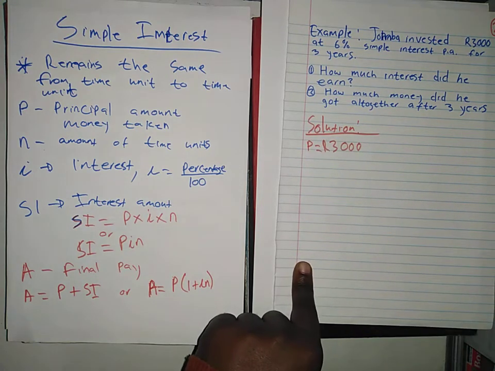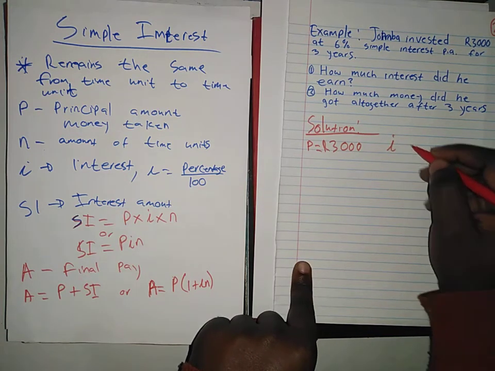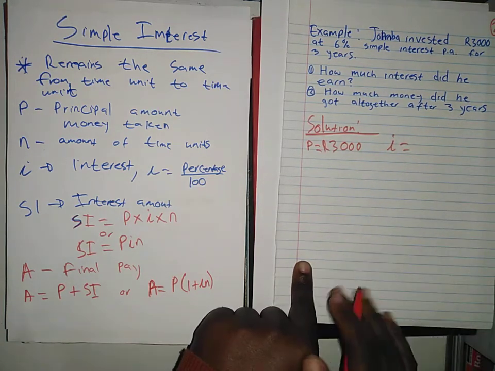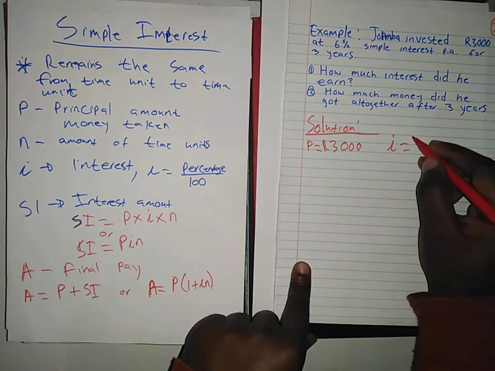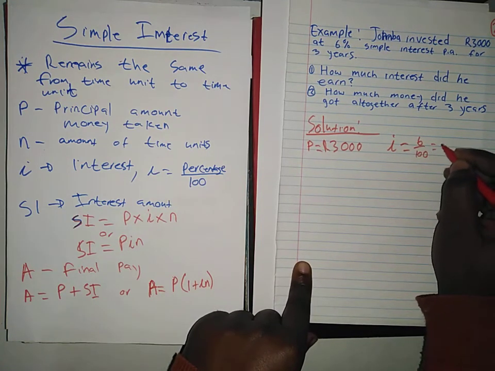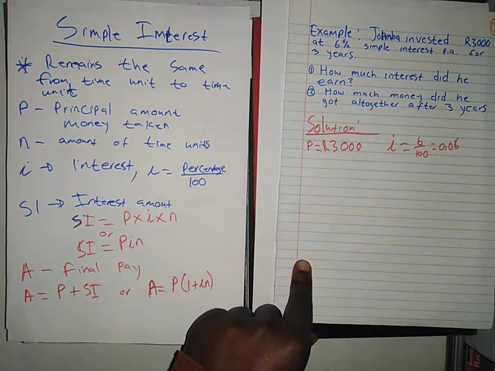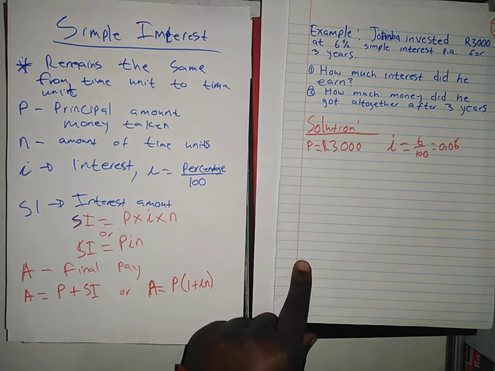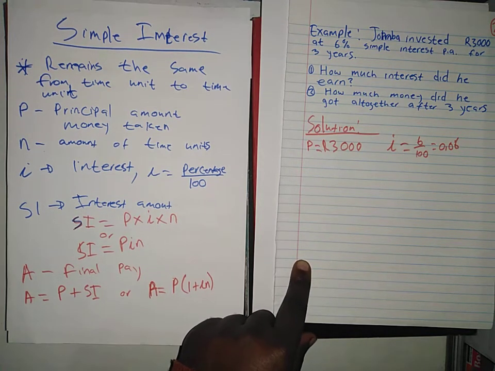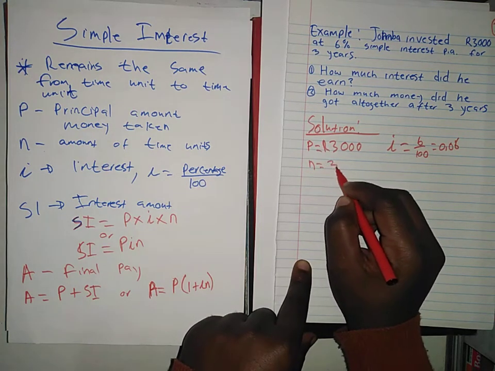And then I is 6%. And obviously we know that we take the percentage and divide it by 100. So 6% over 100 will give you 0.06. They say per annum, so that means per year, for 3 years. So N is equal to 3 years.